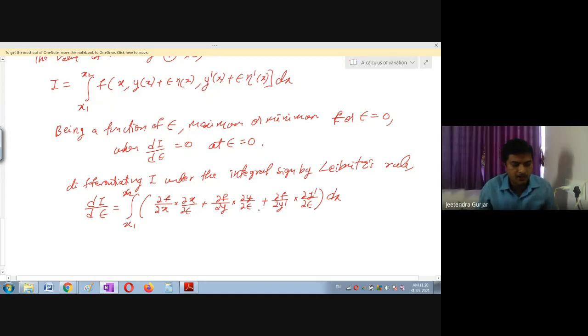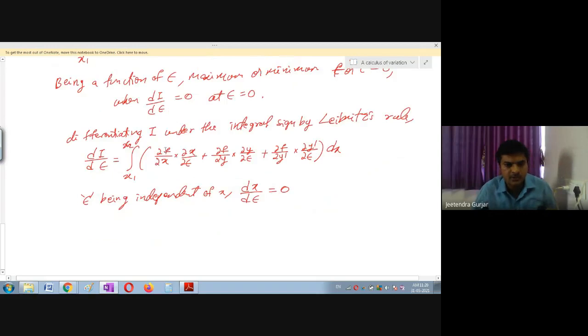So now we can see here epsilon is independent, yes, it is independent of x, students. Therefore, wherever dou x upon dou epsilon is there, it is going to become 0. Yes, students, this first part will become 0. Please keep this in your mind.